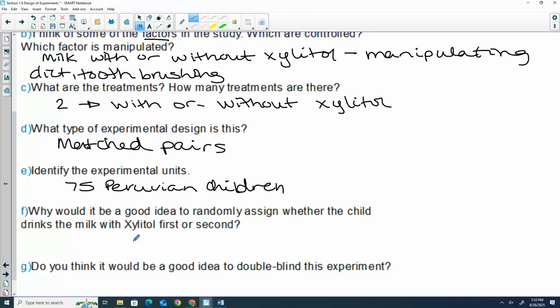No. So it's so that any results we get are truly due to the presence of the xylitol and not just the order in which you did it. Does that make sense?